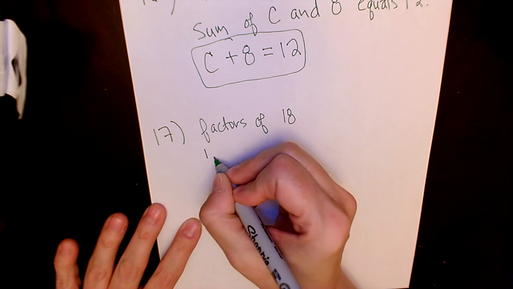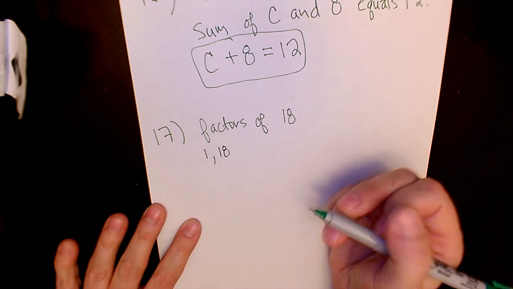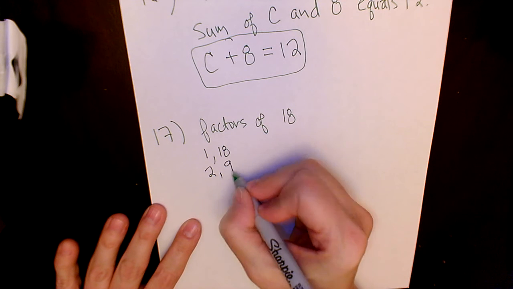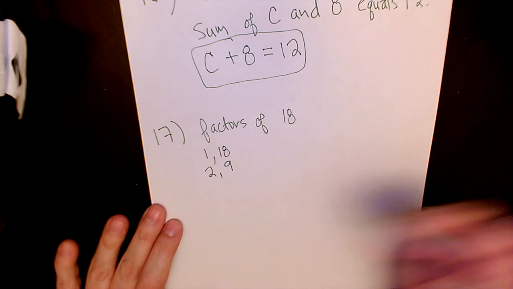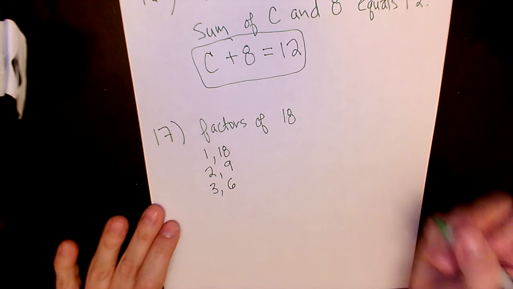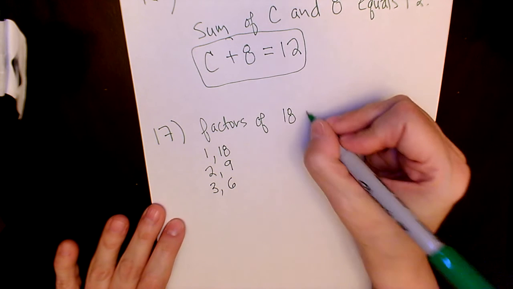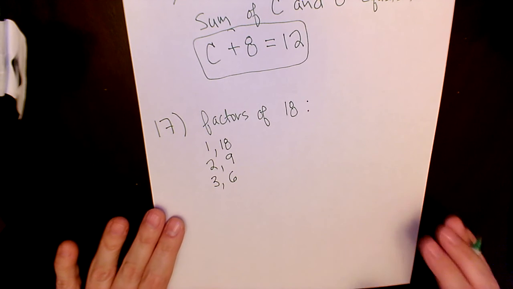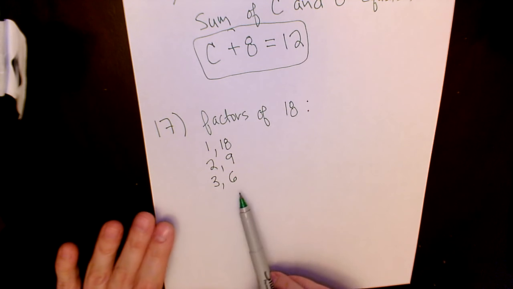So remember the easiest one, 1 times 18. And then does 2 go in? Yep, 2 times 9. Does 3 go in? 3 times 6. And then just keep checking until you get back to one of the ones you already have here.